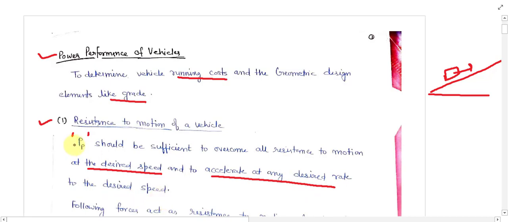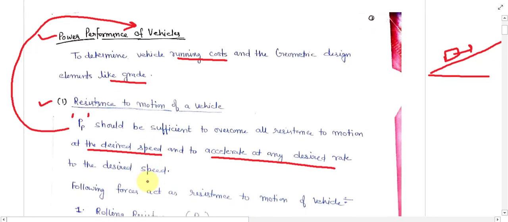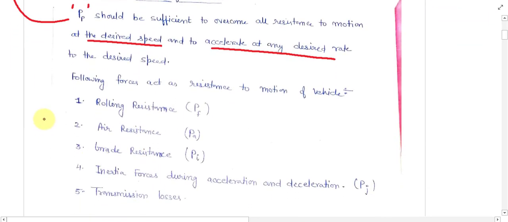It means PP is the power generated by a vehicle which is sufficient to cope with the resistance generated due to motion of the vehicle, and we will discuss these resistances.